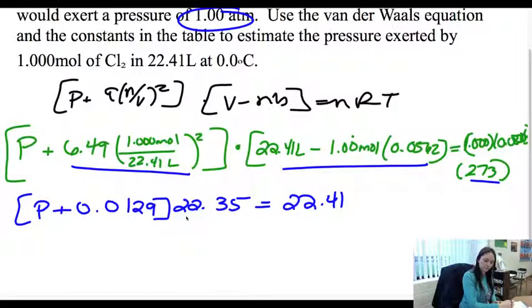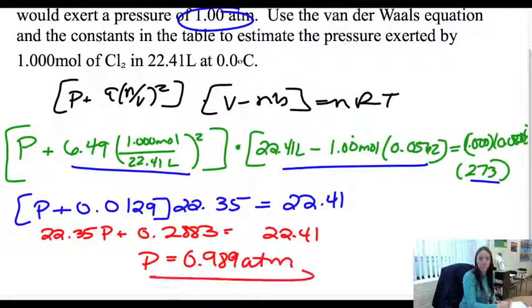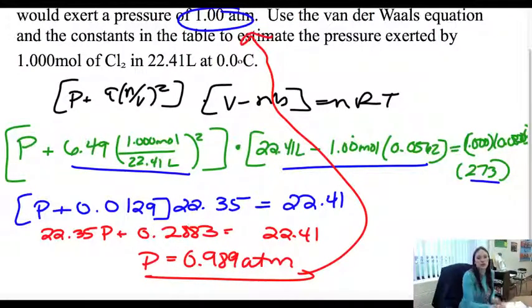Now I personally like to distribute, so I'm going to get 22.35 pressure plus 0.02883 equals 22.41. Subtract and divide, my pressure is 0.9898 atm. Notice how that is very close to the ideal gas law that gave me an answer of 1. But it's a little bit lower. My van der Waals is correcting for that.